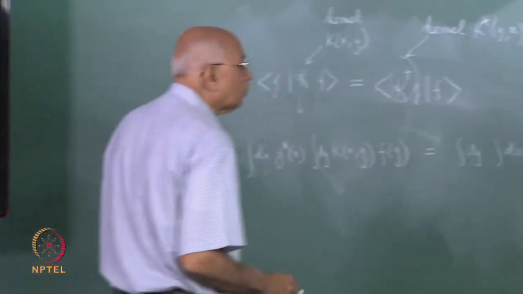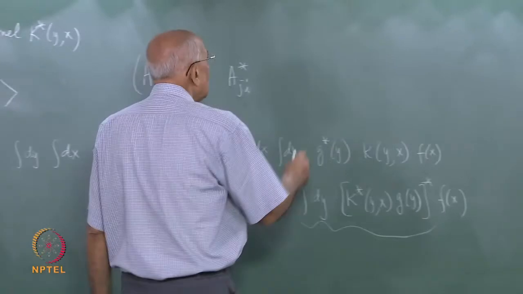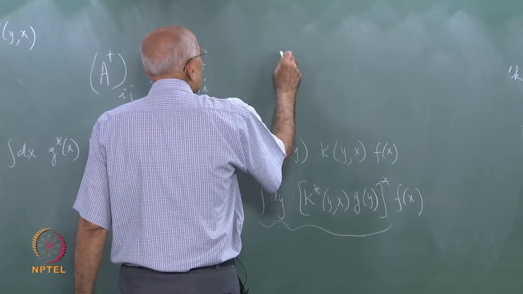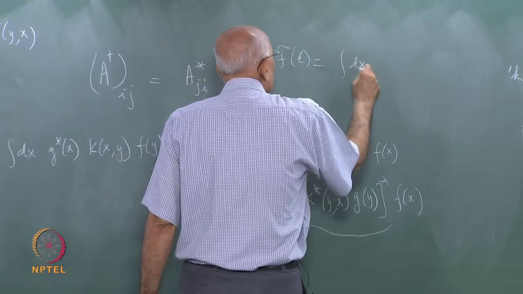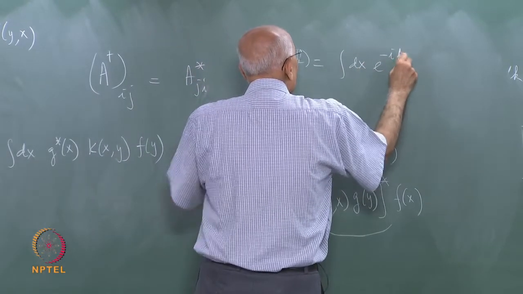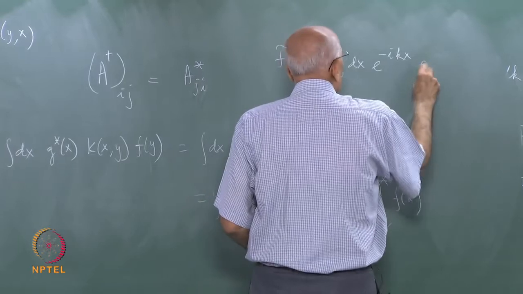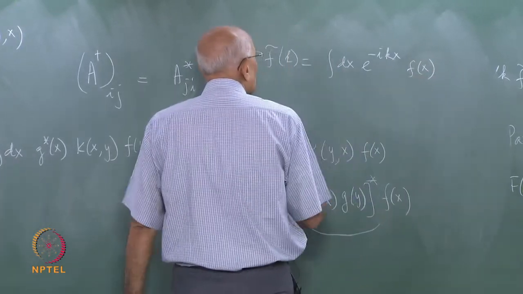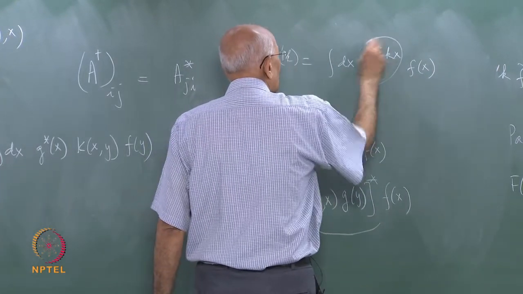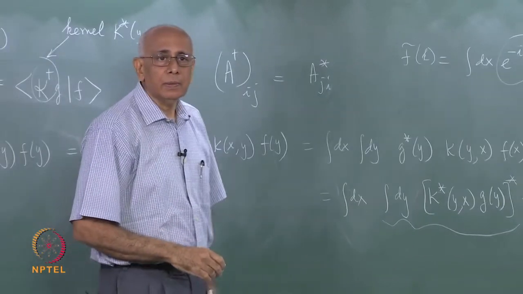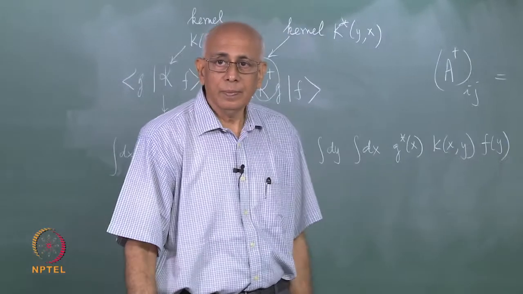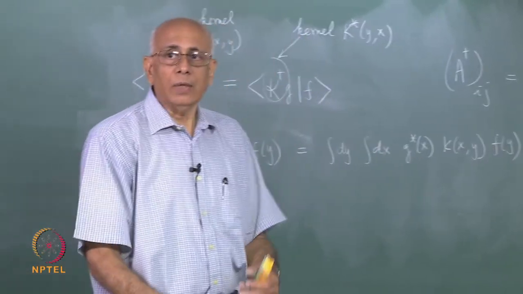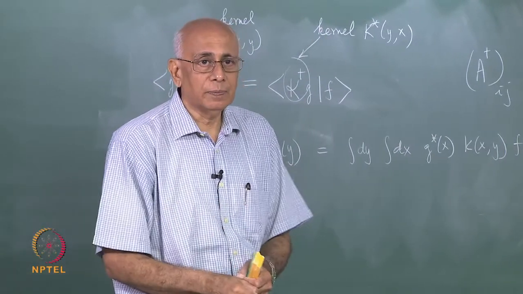Now what about the case of Fourier transforms? Well, the kernel in that case, remember I had f tilde of k equal to integral dx e to the power minus ikx f of x. So the kernel in that case was this guy. And what about the inverse transform? It was e to the plus ixk.